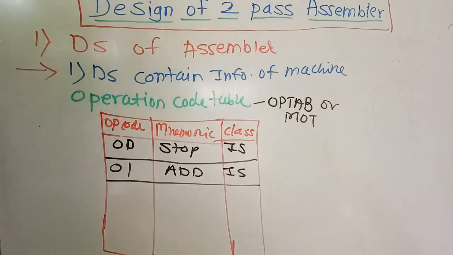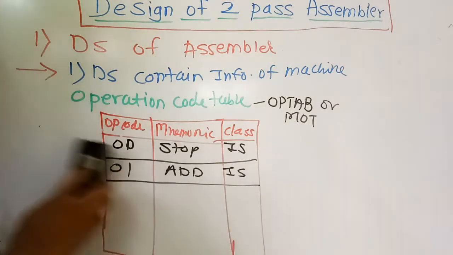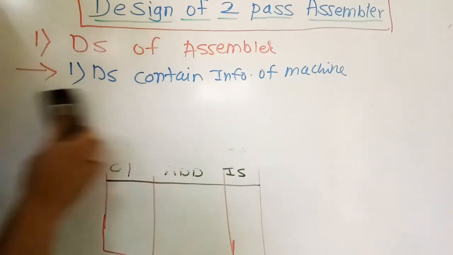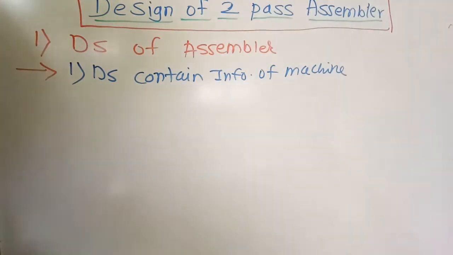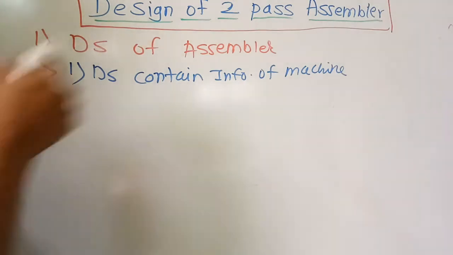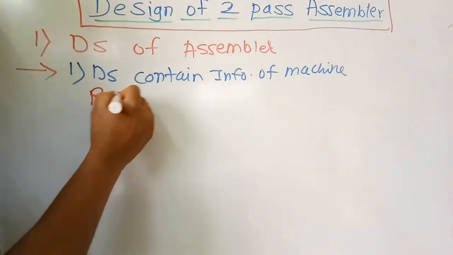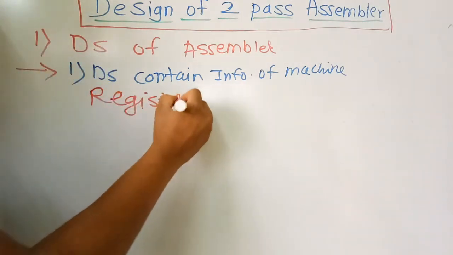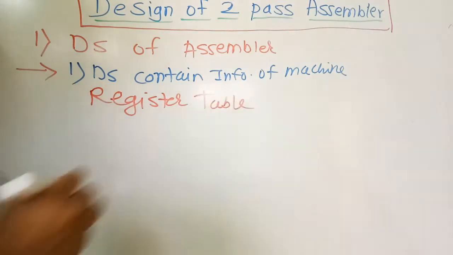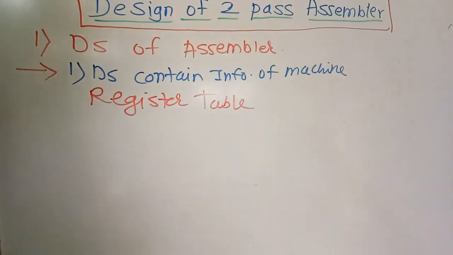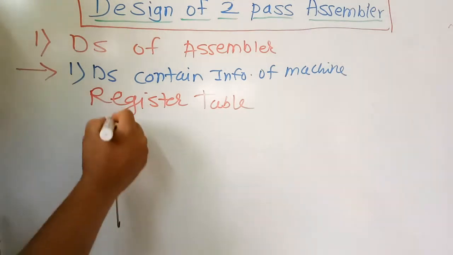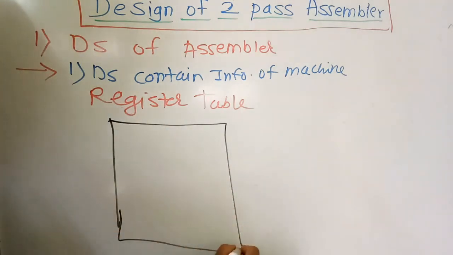Now coming to the next part of these machine data structures. The next table is nothing but the register table. We all know that in assembly language there are four types of registers: A, B, C, D. These are the system registers. We use them for the temporary purpose of storing and swapping of variables.